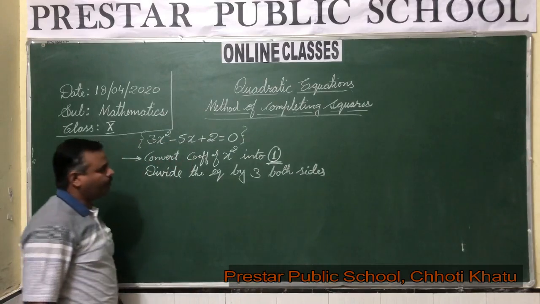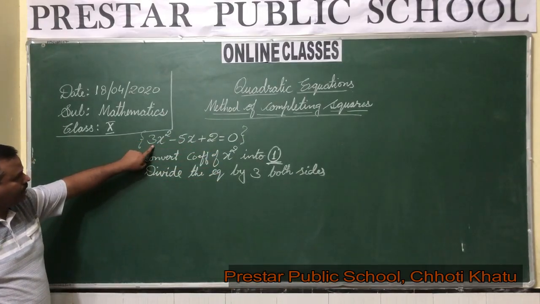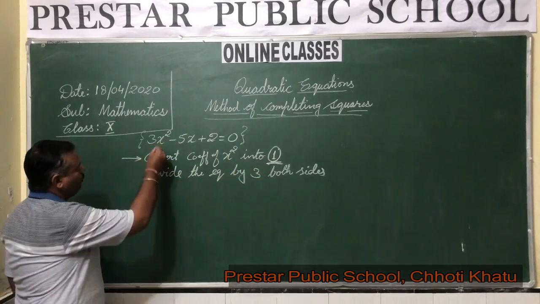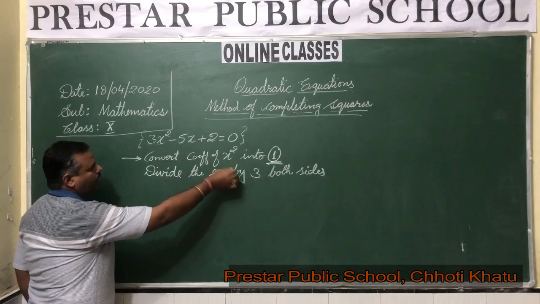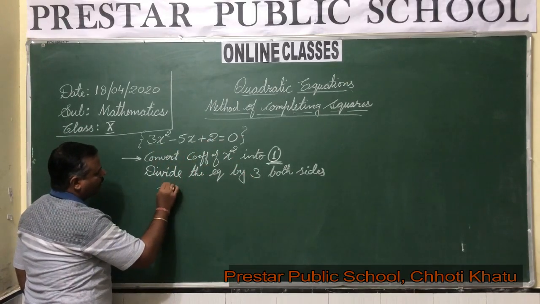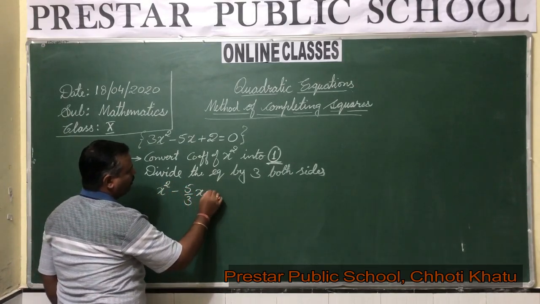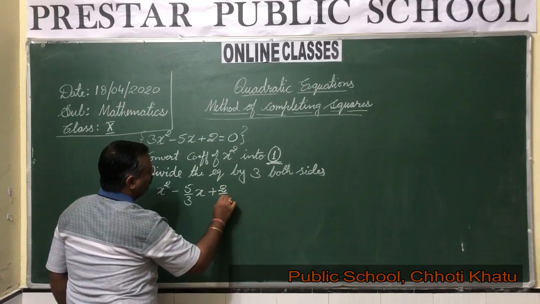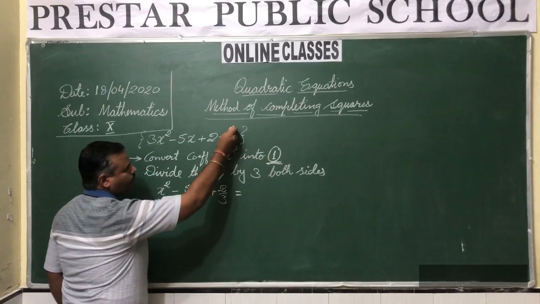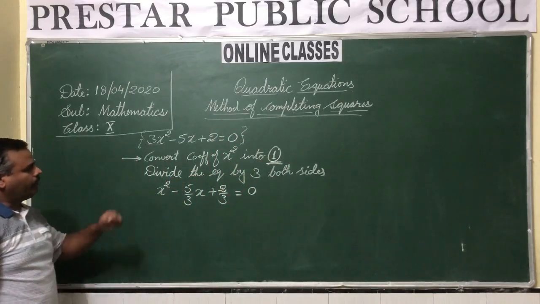Why are we dividing by 3? Because when we divide the equation by 3, the coefficient of x squared will become 1. So when we divide 3x squared minus 5x plus 2 by 3, we get x squared minus 5 upon 3 x plus 2 upon 3 equals 0, since 0 divided by 3 is also 0.